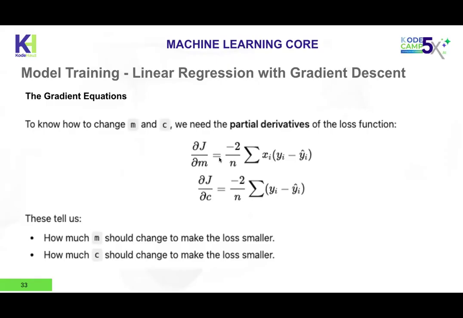dJ/dm1 equals minus 2 over n times the sum of x1 times (yi minus y hat). That is the x that corresponds to m1, right? Times yi, which is the actual, minus y hat, which is the prediction. So it's going to be exactly the same thing. The only difference is that for each m, you calculate its own contribution by using the x value that corresponds to that m. So if you have 10 m's, you have 10 features.